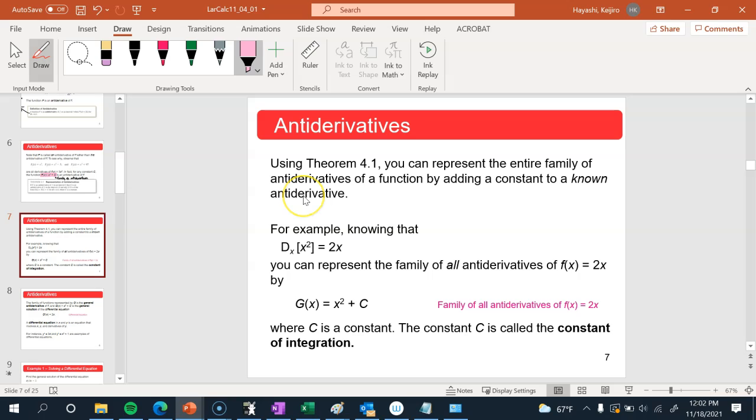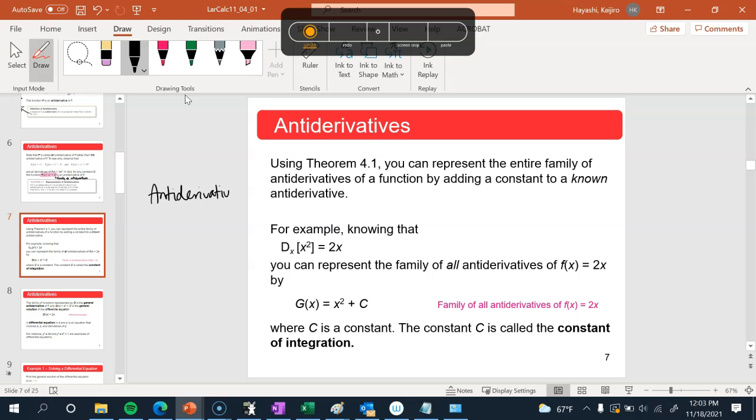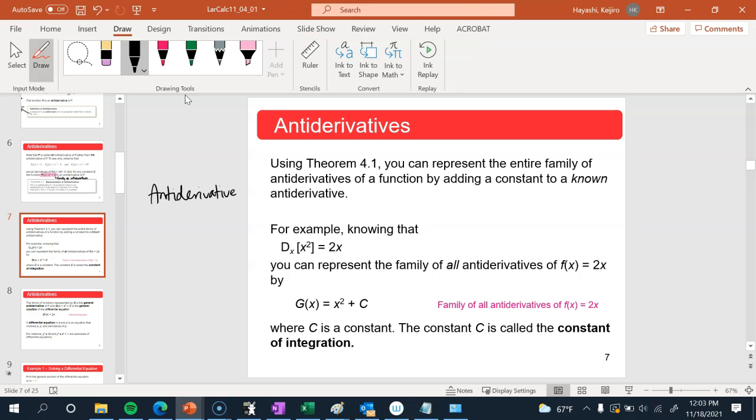So, for example, you know that the derivative with respect to x of x squared is 2x, right? That's from the power rule. So, if you were to ask, what is the antiderivative of 2x?